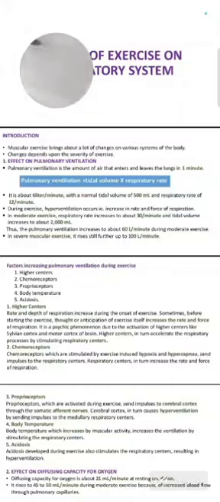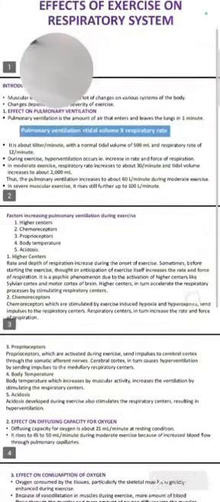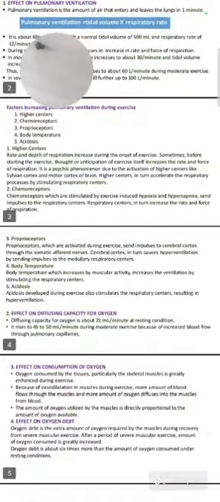So let us have a look at the factors that increase the pulmonary ventilation during exercise: higher centers, chemoreceptors, proprioceptors, body temperature, acidosis. First, the higher centers. The rate and depth of respiration increase at the onset of exercise.